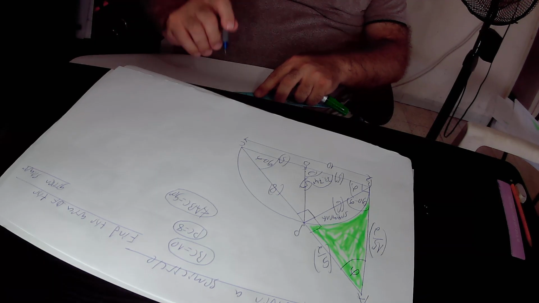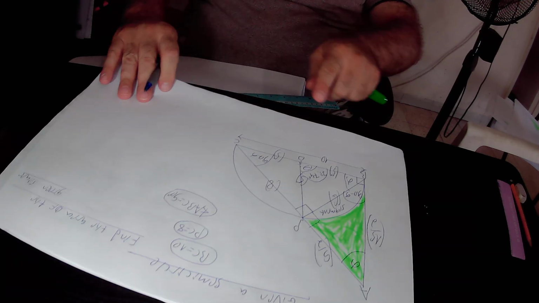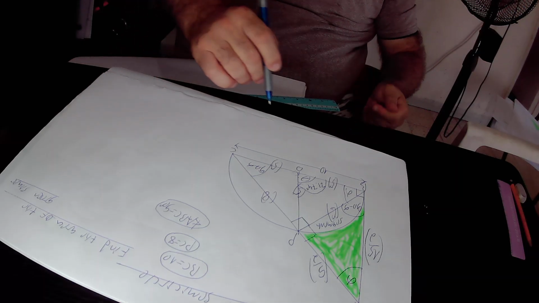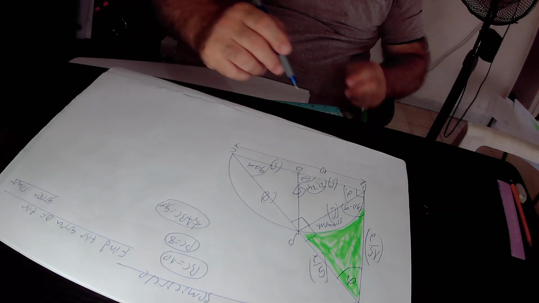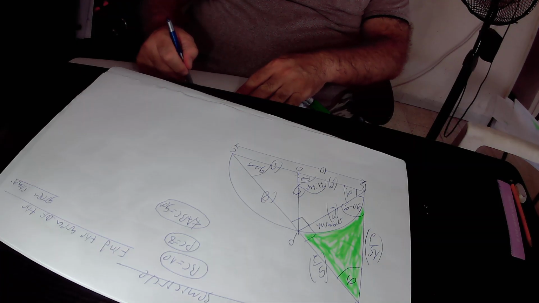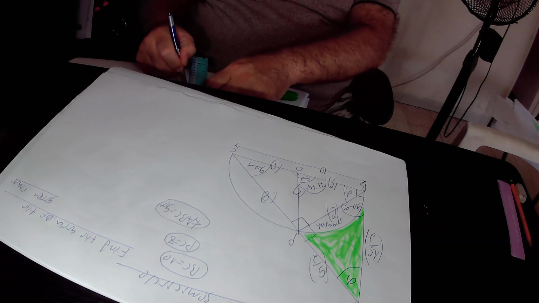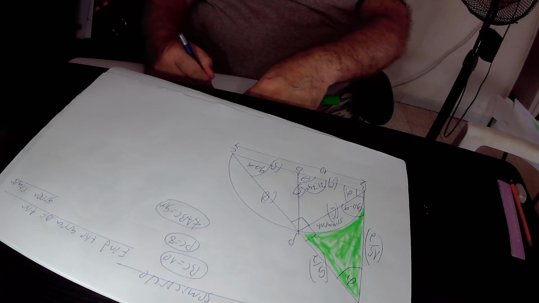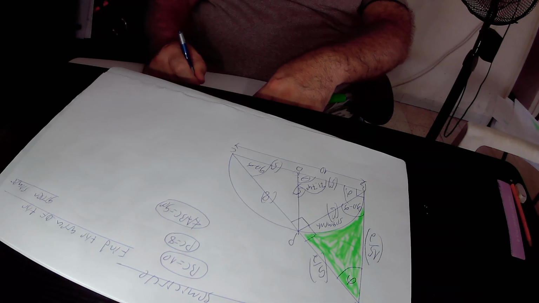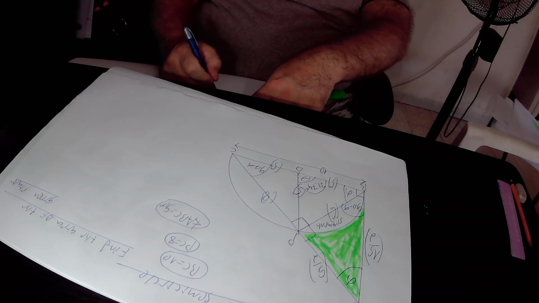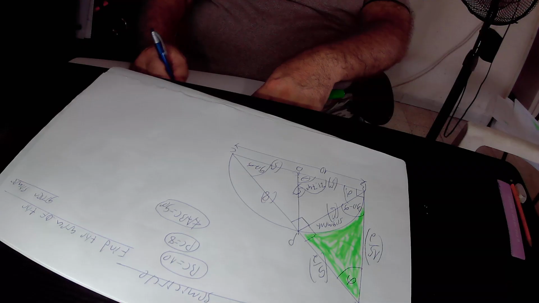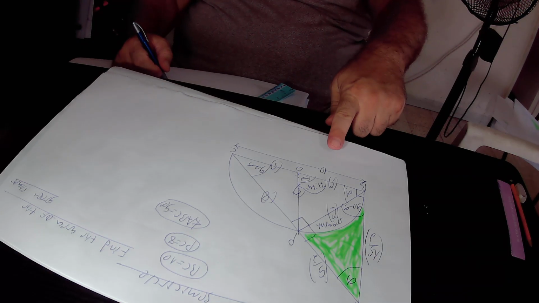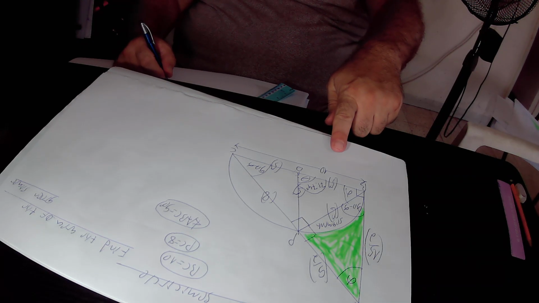From the diagram, it is very easy to see that the area of segment BP is equal to the area of sector OBP minus the area of triangle OPB.